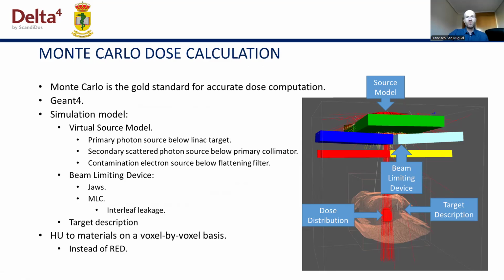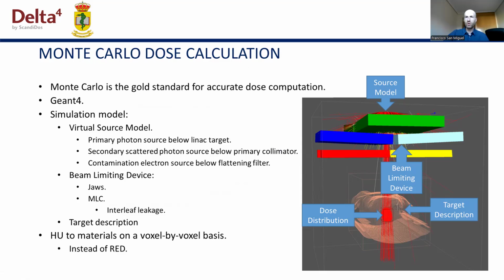The Insight simulation model is shown in the image, and it comprises a virtual source model, a beam limiting device model consisting of jaws and multi-leaf collimator, and a target description defining the region where the dose distribution is collected.